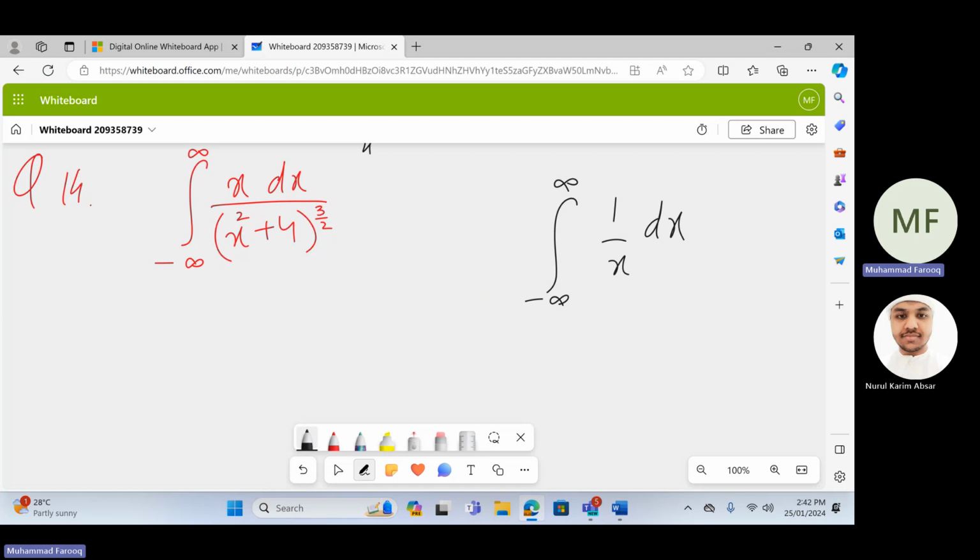Because at zero the function will be undefined. There is no rule that you have to break at zero.